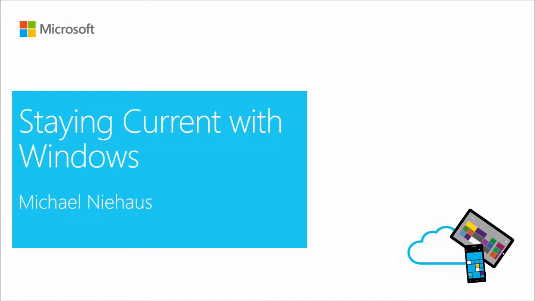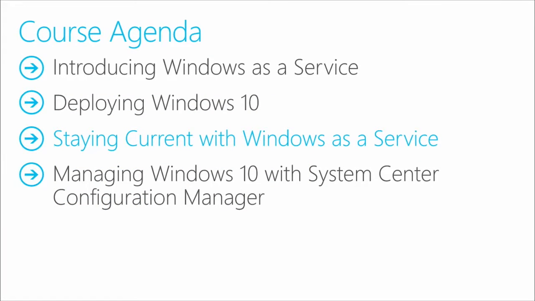So Michael, staying current with Windows 10, what are we kind of covering through the course of this section? What we really want to talk about is how we're evolving the way we deliver Windows. In the past, we've done a new release of Windows every 3 or so years, and that just meant that you had to wait that long to get new capabilities.